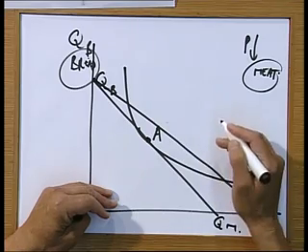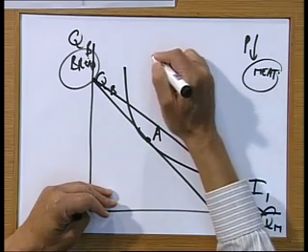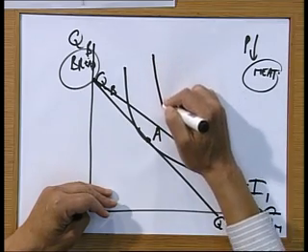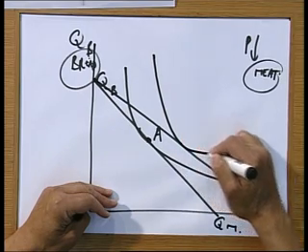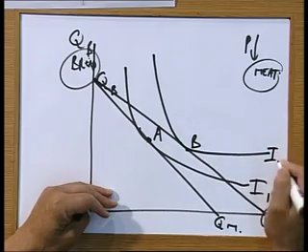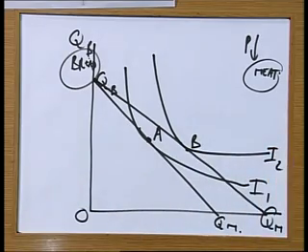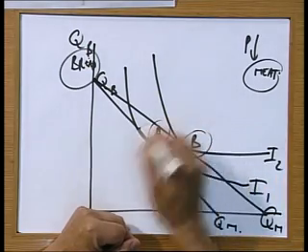So where is the consumer now in equilibrium? Where the new or the highest indifference curve is touching the new budget line. So we can draw it maybe there. So that will be, say, point B. And this will be indifference curve number 2. So basically what then happens is that because of the decrease in the price, the consumer is now on a higher indifference curve, at a higher consumer equilibrium.